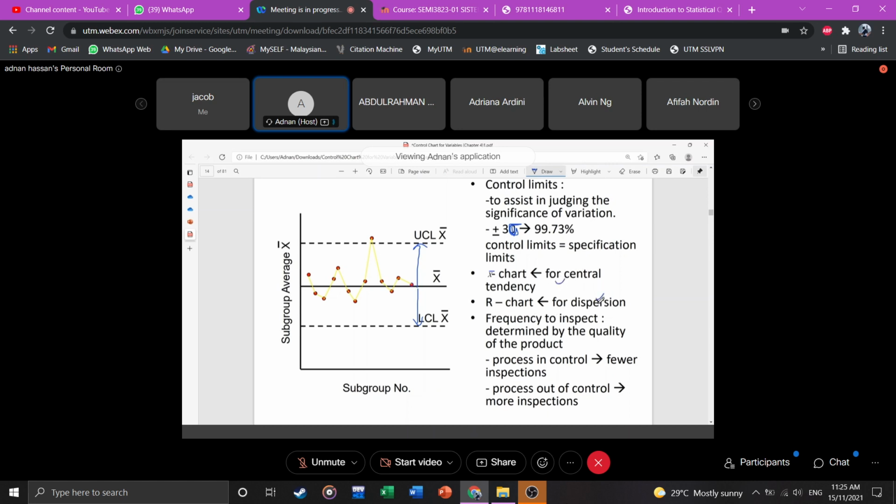If we plot this as a normal distribution, a stable process will display a normal distribution. So we plot this, we get a normal distribution. This is where the process is stable, except this one point, it could be outside here.